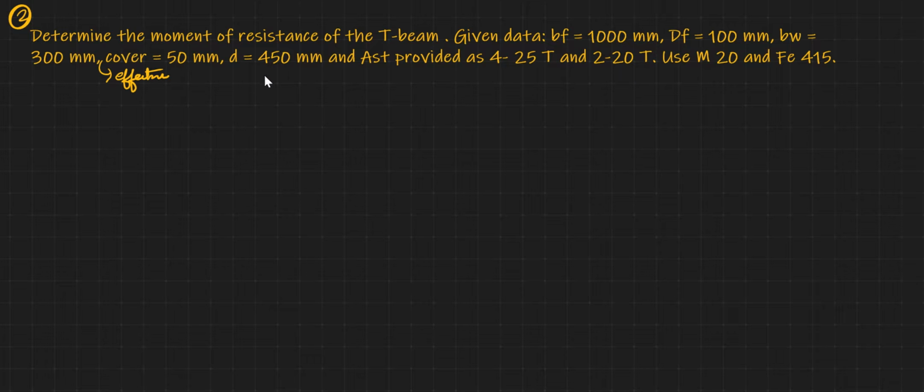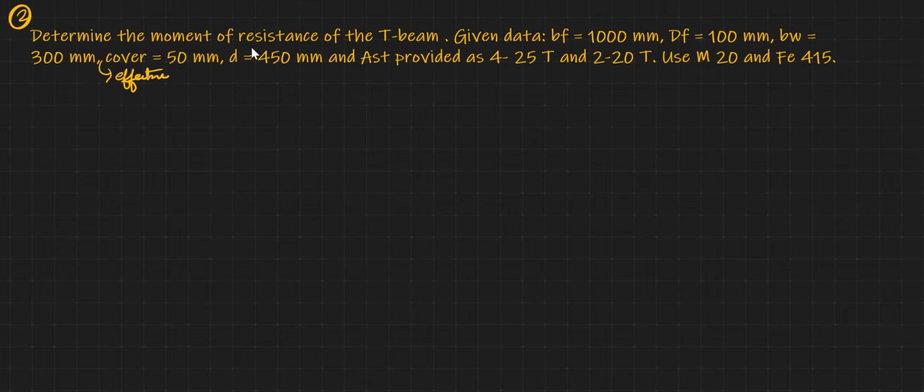Effective depth is given as 450 mm, and AST provided is 4 numbers of 25 T and 2 numbers of 20 mm T. T here represents Tor steel, which means HYSD bars. Use M20 and Fe415 grade steel.